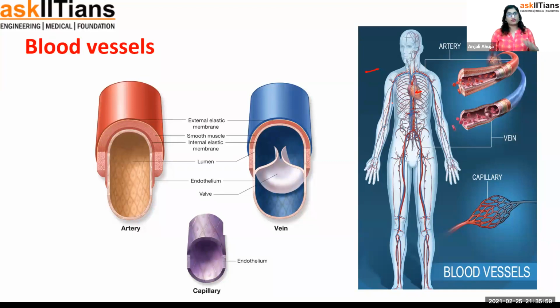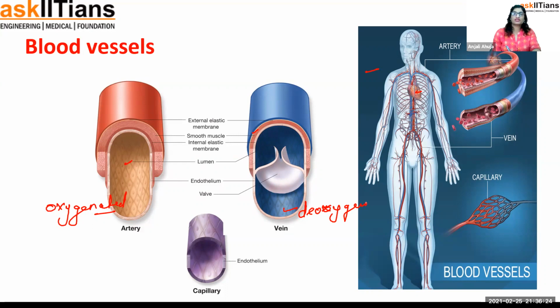Blood vessels are of two types, arteries and veins. Why are arteries red in color? Because they have oxygenated blood. Oxygenated means it has a lot of oxygen in it. Veins appear bluish in color because they have deoxygenated blood. Literally, it's not like we have red and blue, but it's just an indication.